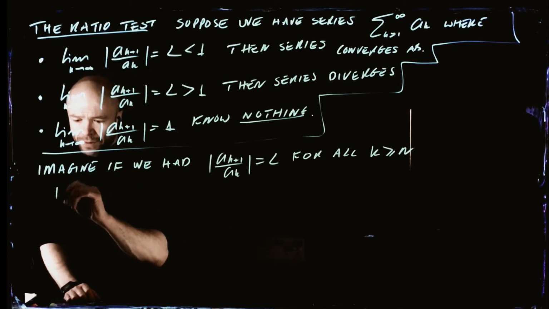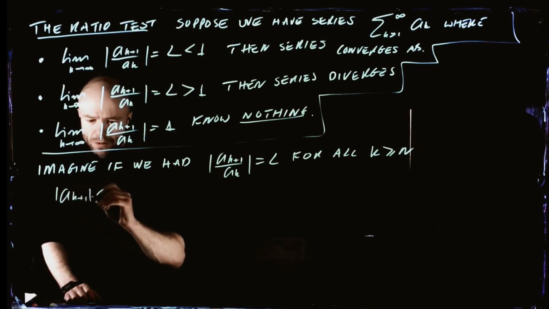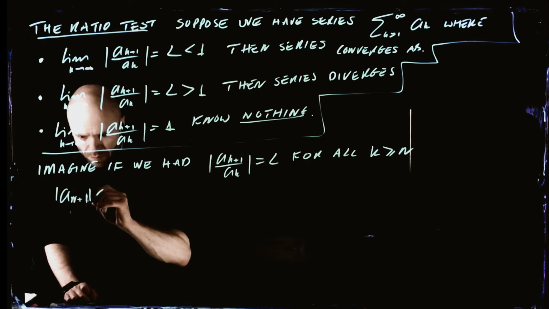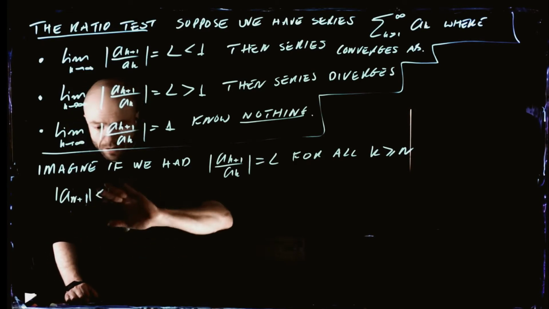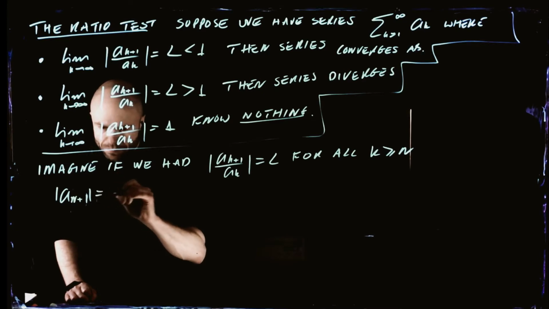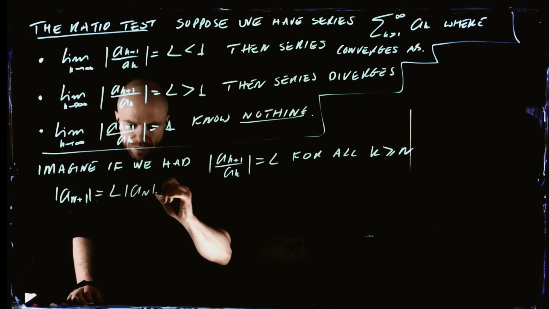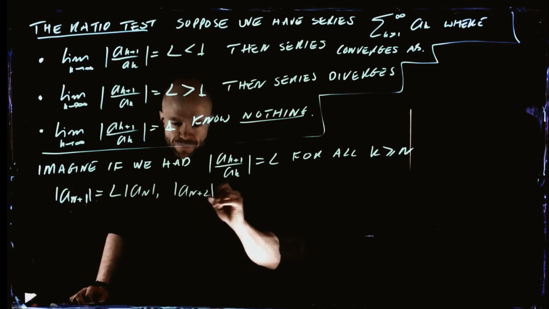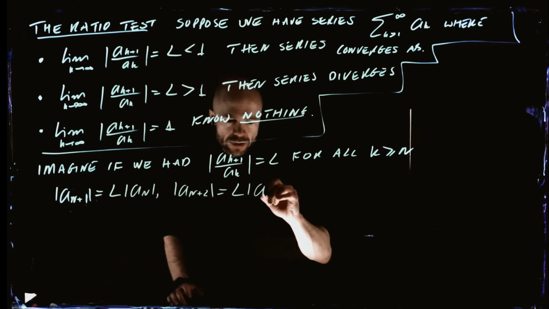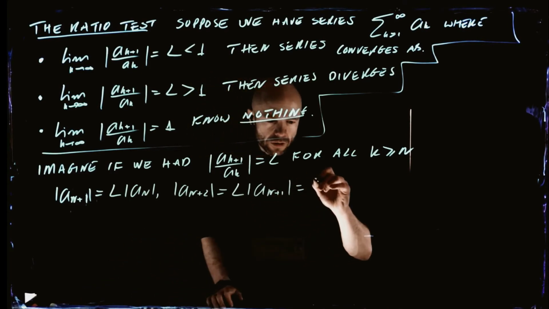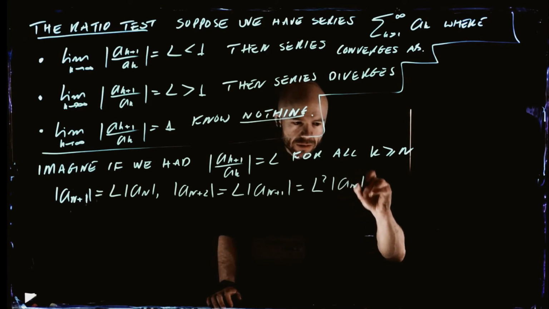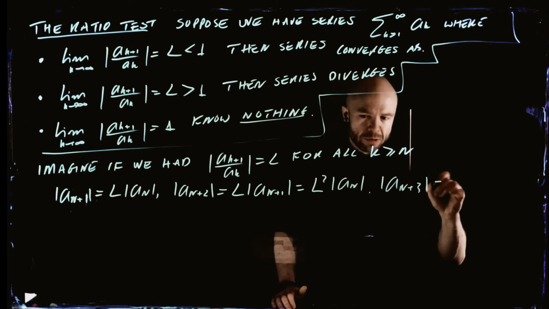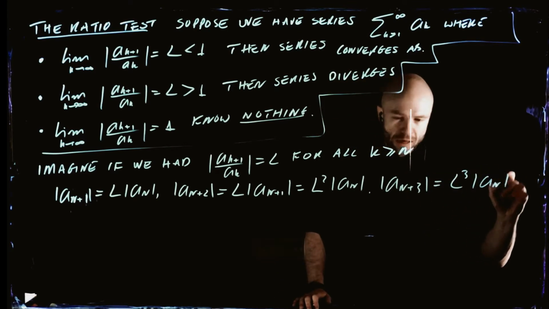Then we'd have that a_{N+1}, let me start with capital N, is equal to L times a_N. Yeah? And a_{N+2} is equal to L times a_{N+1}, which is therefore equal to L squared times a_N. And a_{N+3}, same reasoning, would be L cubed times a_N.